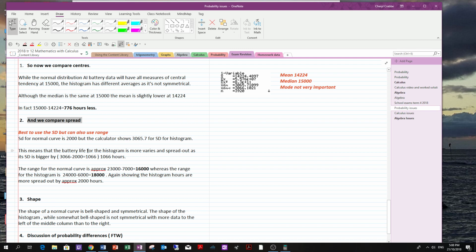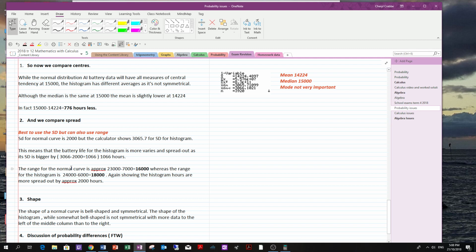So this means that the battery life for the histogram is more varied, more spread out, as the standard deviation is bigger, and in fact it's bigger by 1,066 hours. So the data is more spread out from the center of the graph.